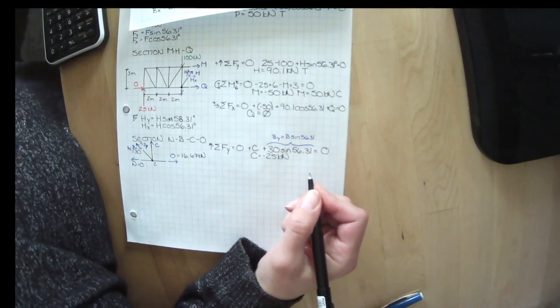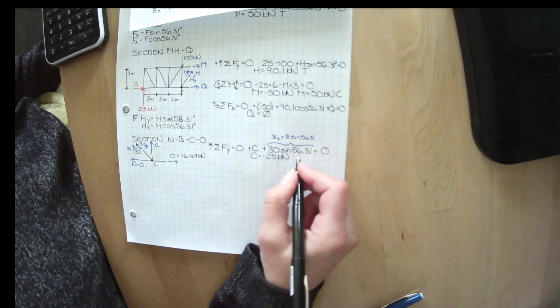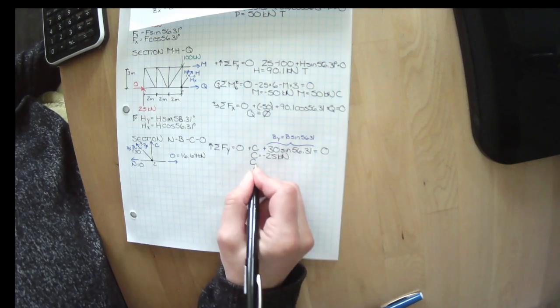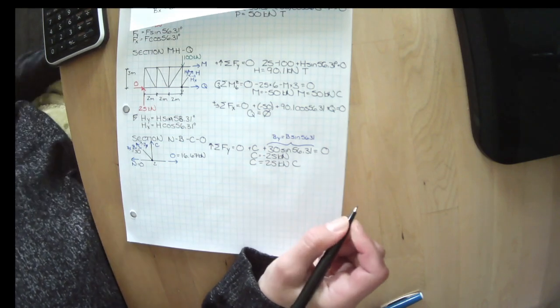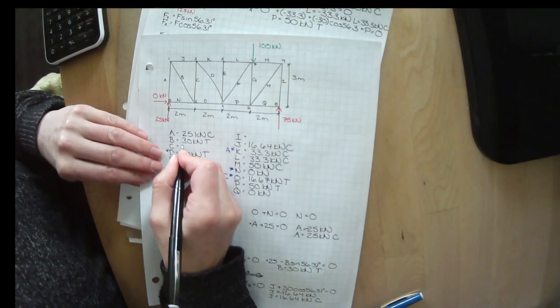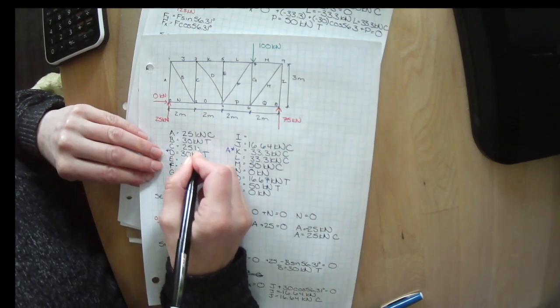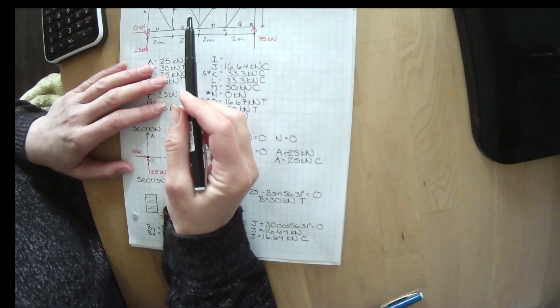A negative means we have drawn our arrow wrong. I assumed it was in tension, so that means C is 25 kilonewtons in compression. The only thing we didn't know in that was C, which we solved for. Let's make another cut.